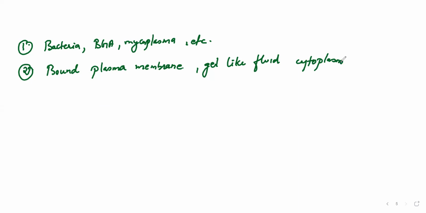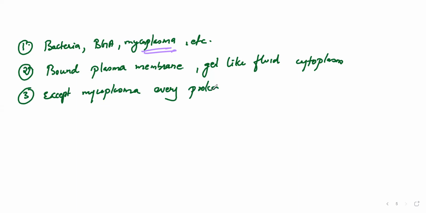Except for mycoplasma, all the rest of the prokaryotic cells have what? A cell wall. Every prokaryote has a cell wall.